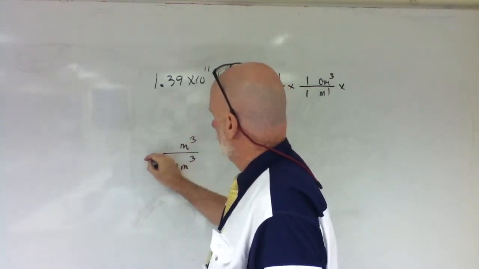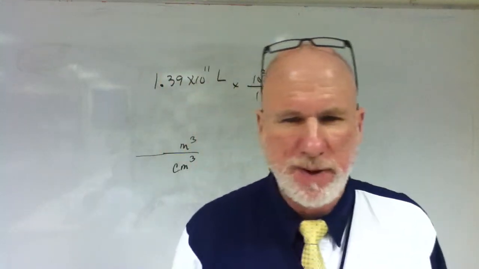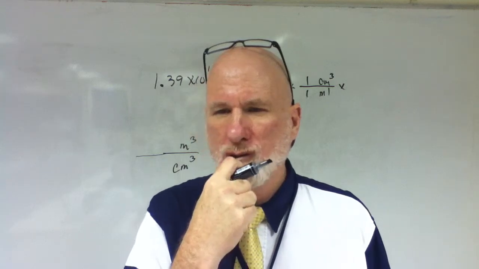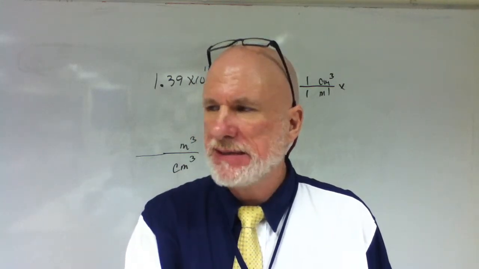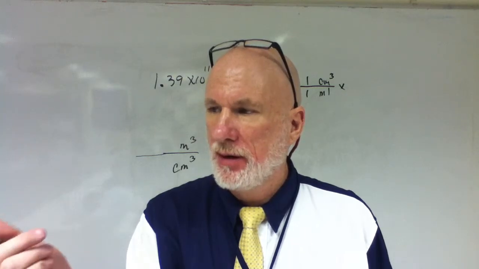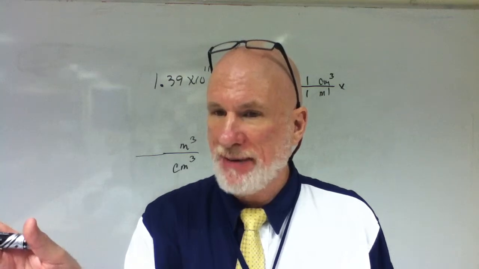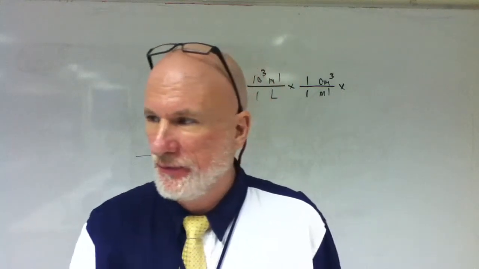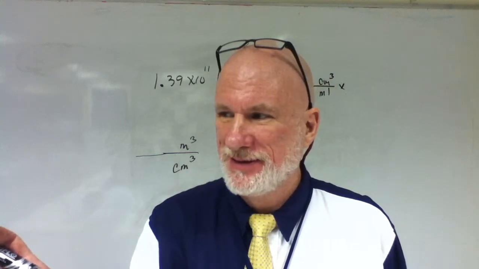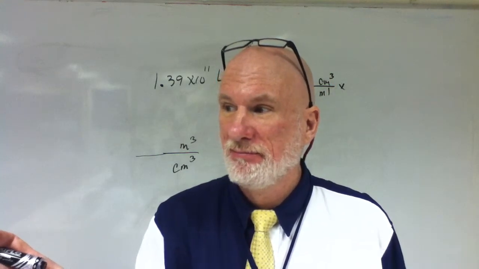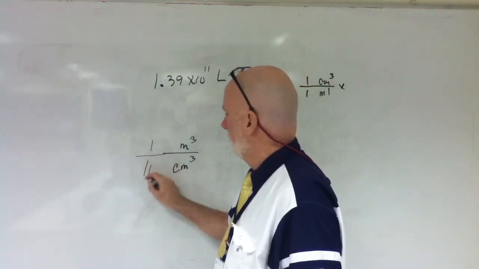Now go from cubic centimeters to cubic meters. How many cubic centimeters are there in a cubic meter? How many centimeters are there in a meter? 100, 10 squared, right? What happens when you cube 10 squared? 10 to the 6th, a million. Right?